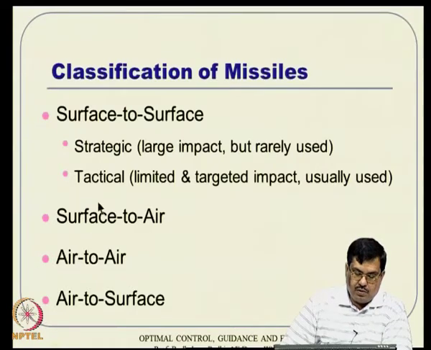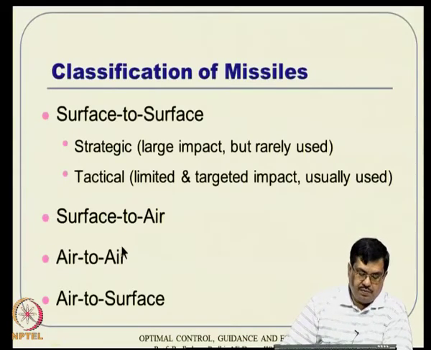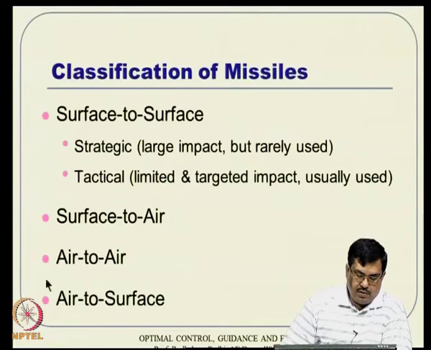If you know for sure that some enemy is attacking, before it does harm we have to nullify that. Air to air is also a kind of defensive missile, or used in air combat. Then air to surface is largely an attacking sort of missile.